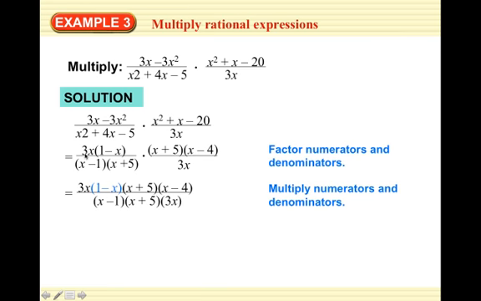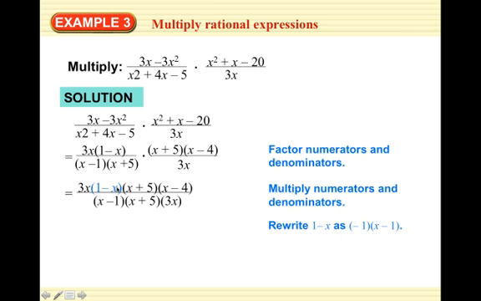Okay, so now we're going to multiply numerators and denominators. So we're going to have 3x times 1 minus x times x plus 5 times x minus 4 over x minus 1 times x plus 5 times 3x. Now we're going to rewrite 1 minus x as negative 1 times x minus 1. Well, why would it be negative 1 times x minus 1?